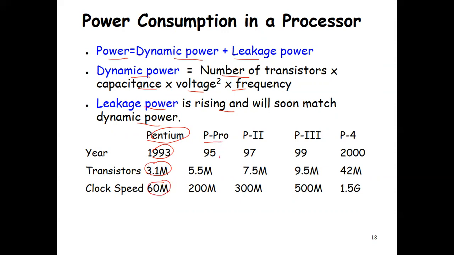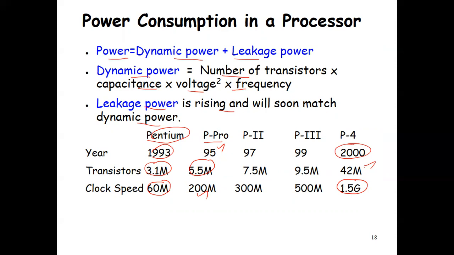Pentium Pro, introduced in 95, used 5.5 million transistors and a clock speed of 200 megahertz, and so on. Pentium 4, released in 2000, used 42 million transistors, and its clock speed is 1.5 gigahertz.